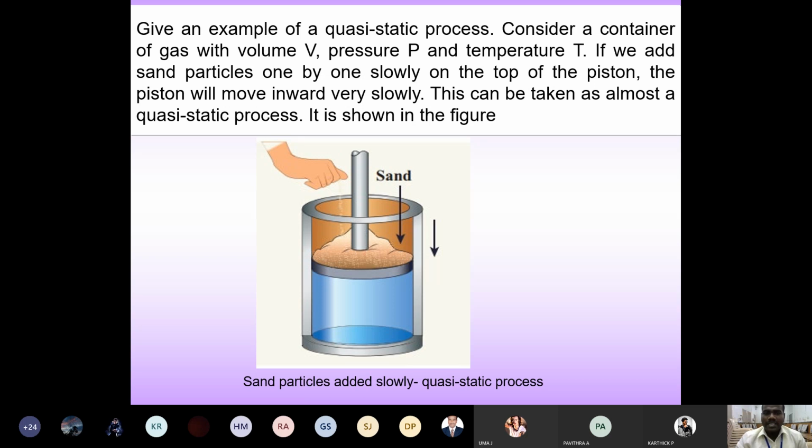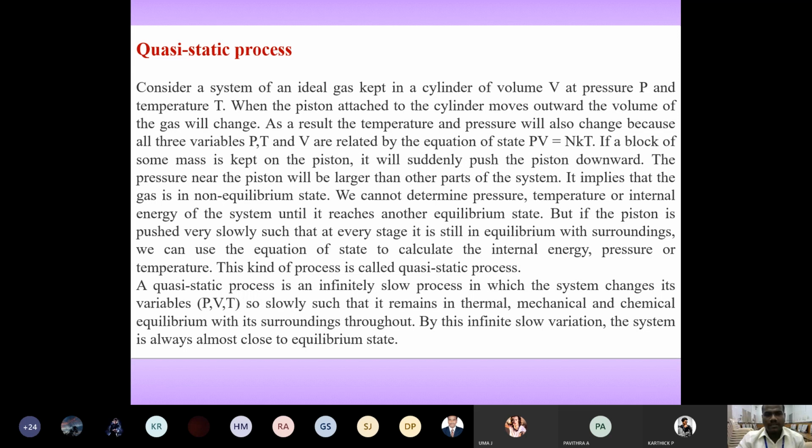Note the point, very slowly. This can be taken as almost a quasi-static process. So a quasi-static process is an infinitely slow process under the thermodynamic equilibrium of the system.